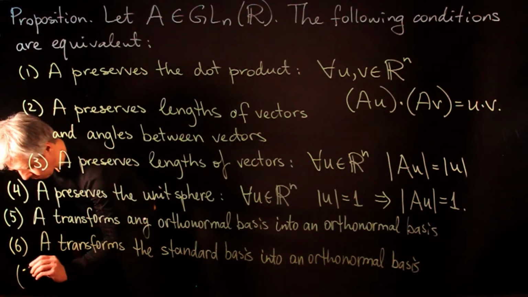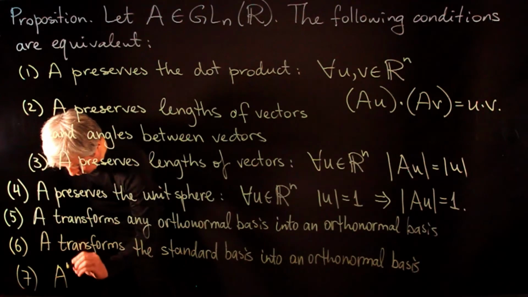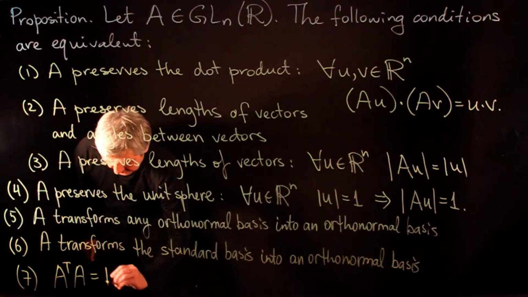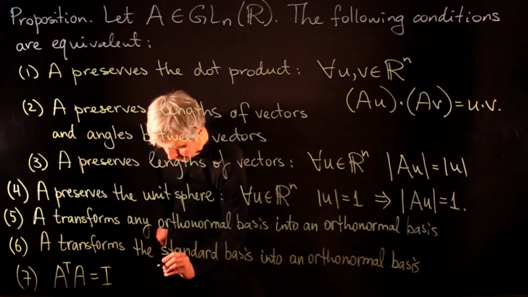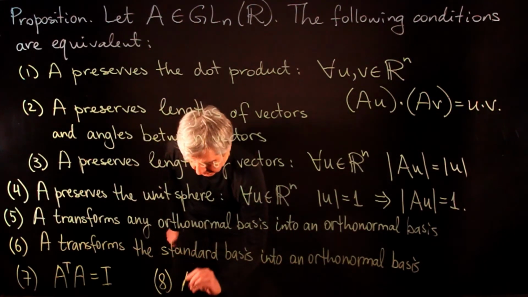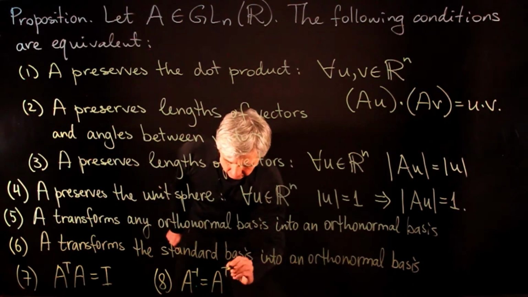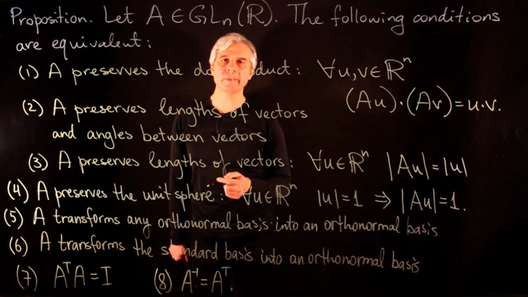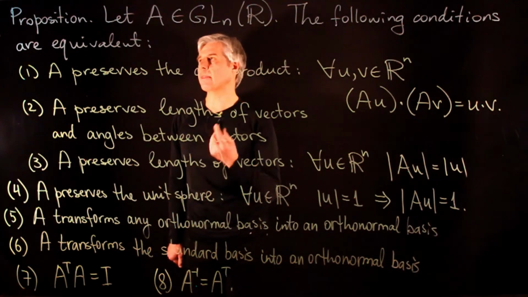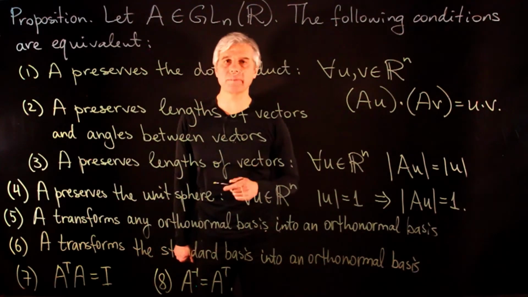And seven, A transpose times A is equal to identity. Well, and let's throw in eight for good measure. So eight is that A inverse is equal to A transpose. We're going to show that all of these conditions are equivalent to each other, and that a matrix that satisfies this condition is called an orthogonal matrix.